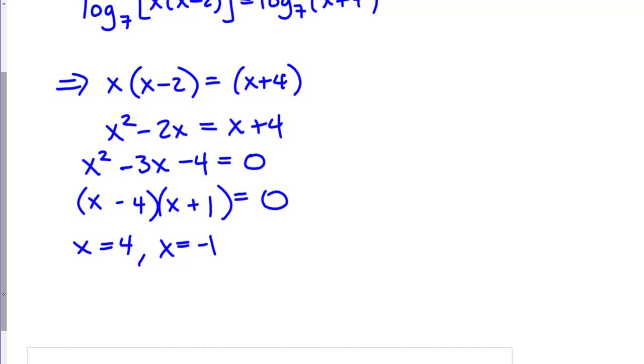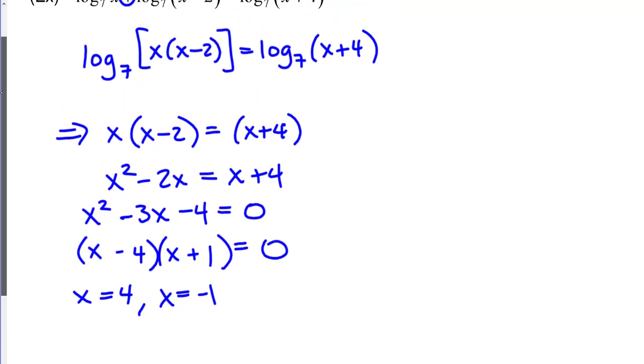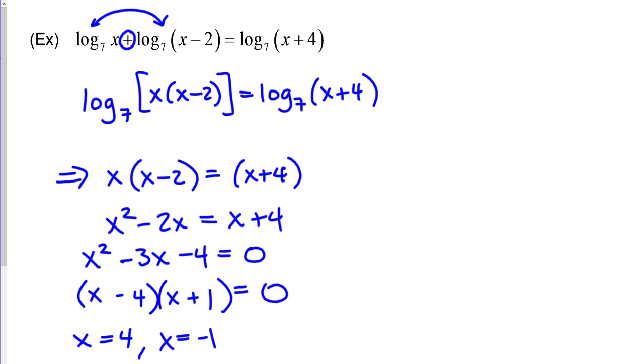Now, these two are potential solutions at this point. They're not necessarily solutions to the problem. The reason they're potential solutions is because when it comes to the original equation, I can't have any value being a solution that leads to the argument of a logarithm being negative.